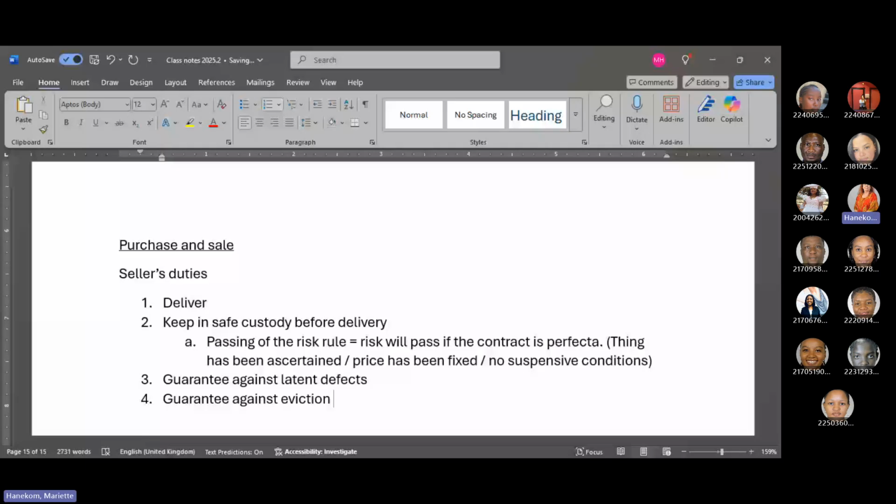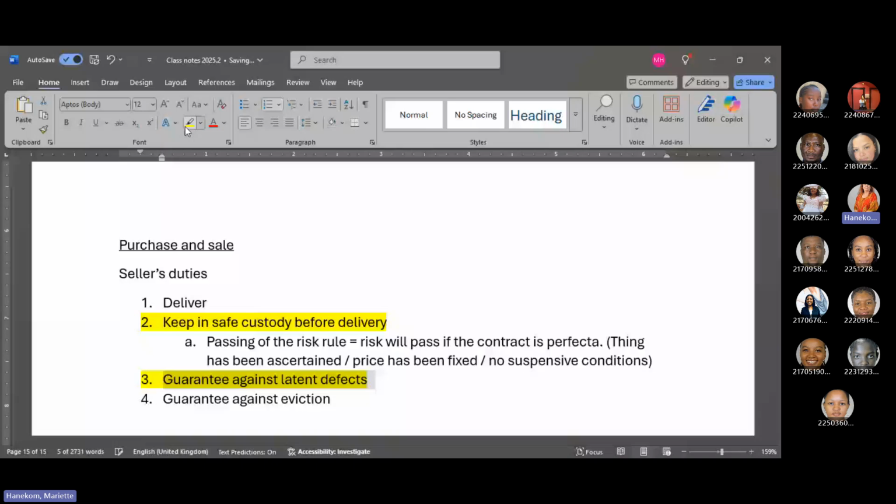Do not mix them up. Do not scramble them together. They are separate duties. Most commonly, the two duties that are often mixed up are the duty to keep the thing in safe custody and the duty to guarantee against latent defects.